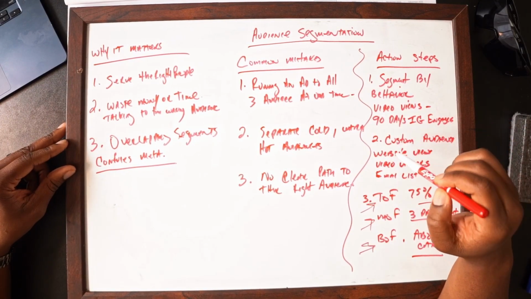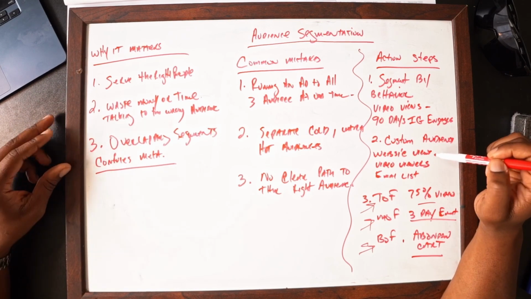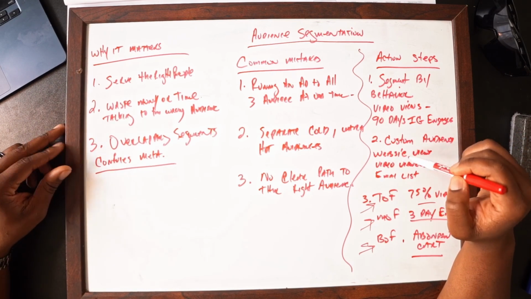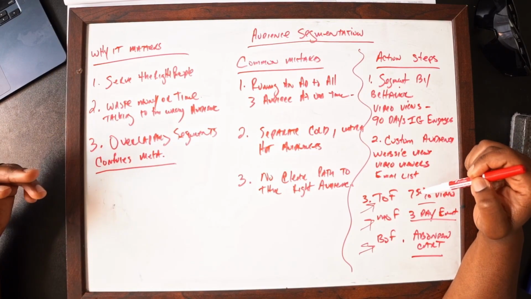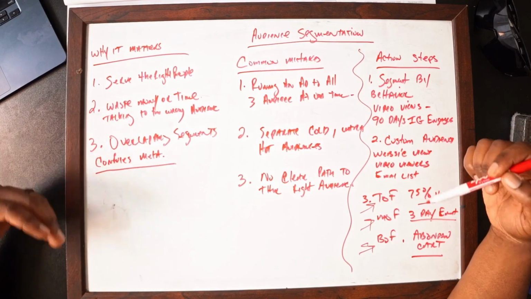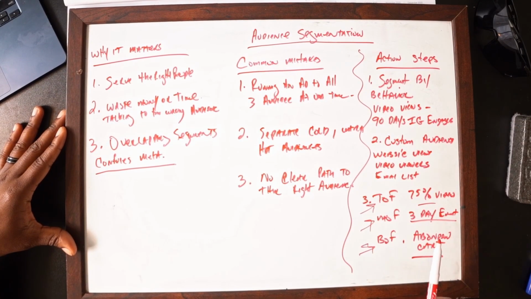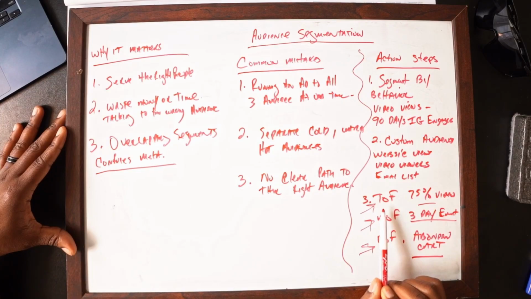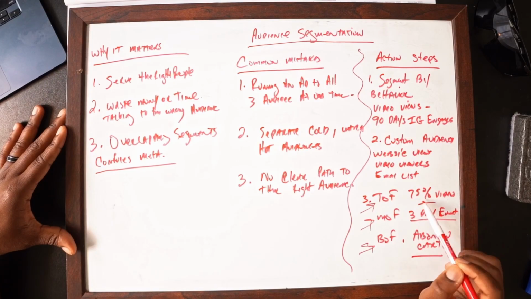Number two, you gotta be able to create these custom audiences the right way. Our favorites are the website views, the video views, and email lists, right? I'll take it even further and go to engagers, people that engaged and did an action, because this is a behavior. And then lastly, with the action steps, you want to make sure that when you're communicating with people that have viewed your content at 75%, right, that's the top of the funnel.